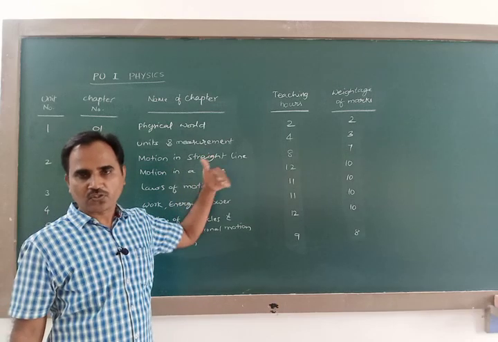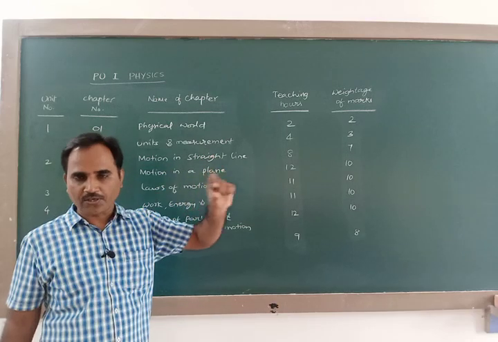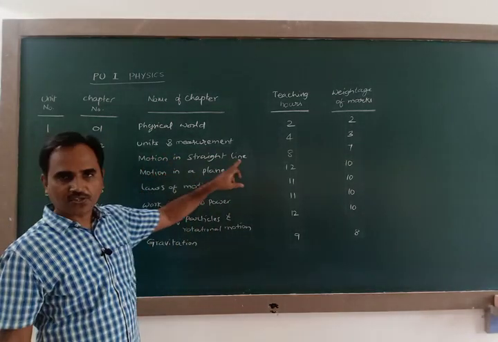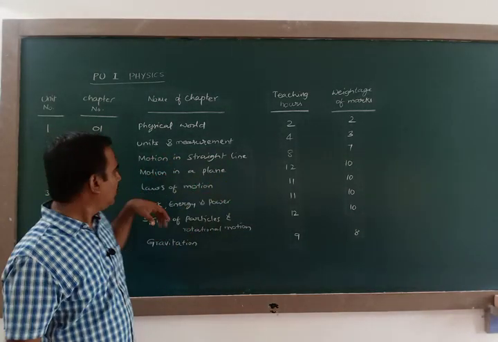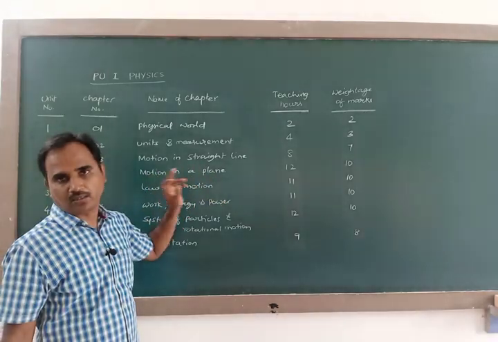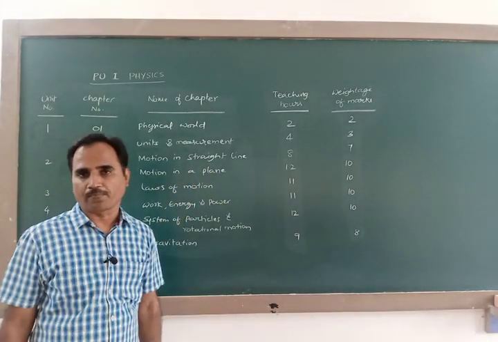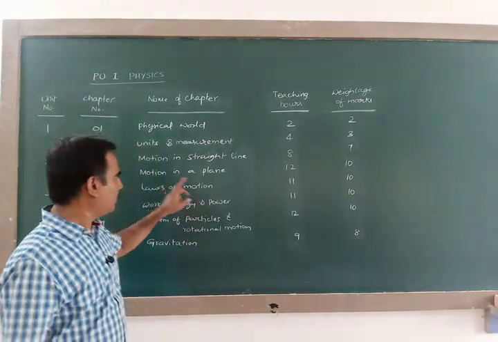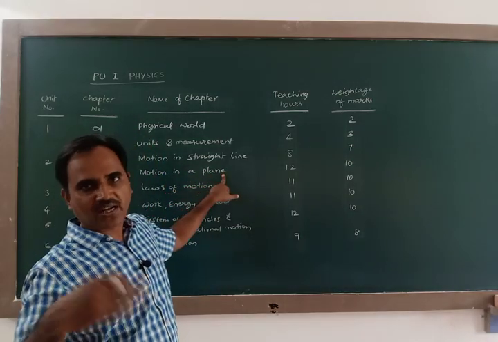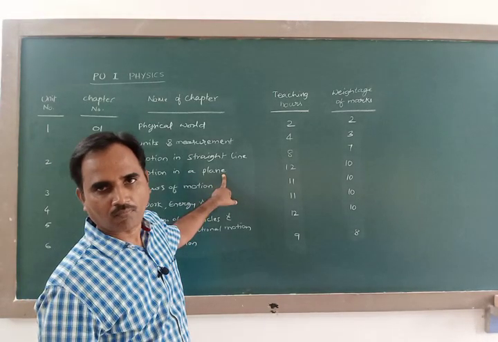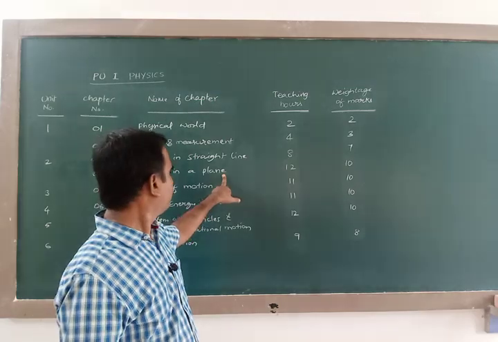In kinematics, first you are going to study motion in 1 dimension, which is motion in a straight line. Later, motion in a plane, that is called 2-dimensional motion. After studying this motion in a plane, we generalize it for 3-dimensional motion also.